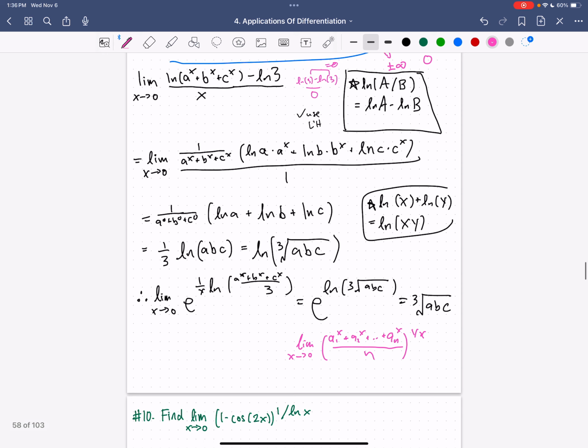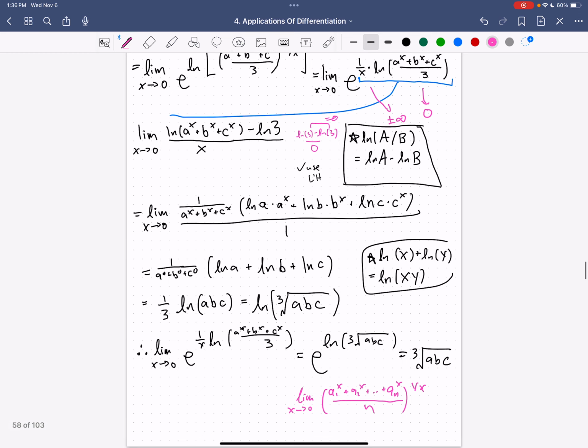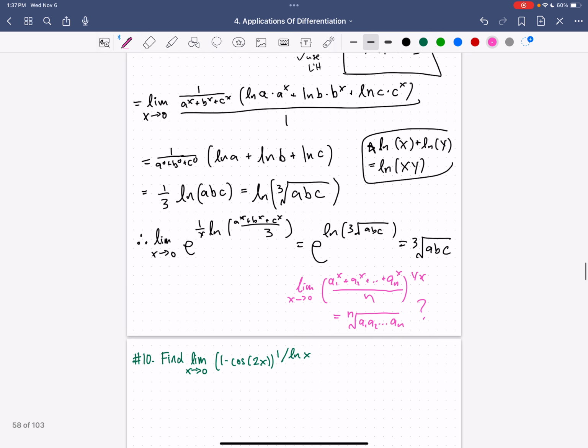I'm guessing that, so instead of just having 3 letters, we have n of them, this is going to end up being the nth root of the product. I don't know. If you want something fun to do, try that out.